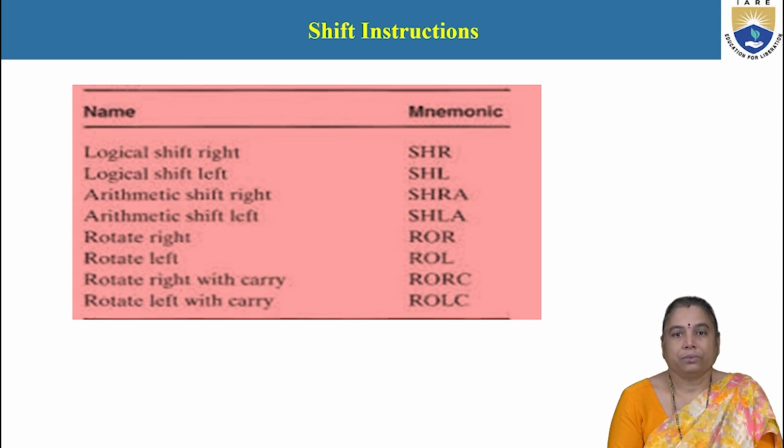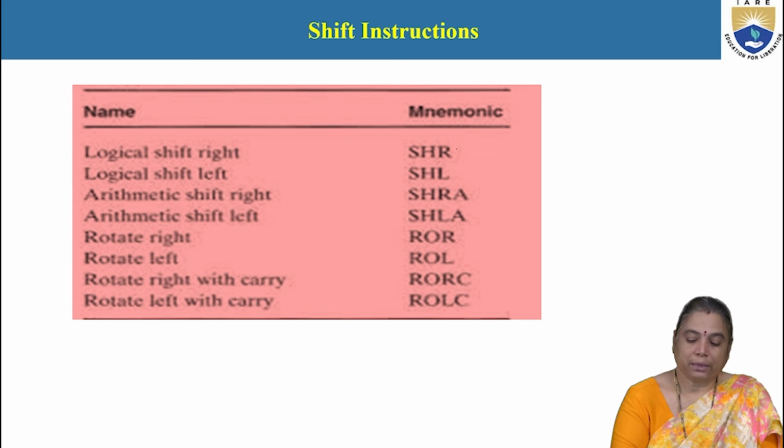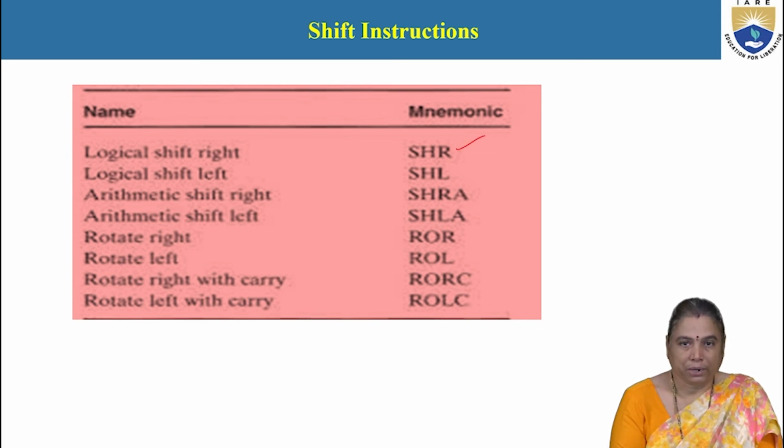What are the various instructions to support these shift operations? For the logical shift right operation, the mnemonic is SHR. For logical shift left, the mnemonic is SHL. Arithmetic shift right is SHRA. Arithmetic shift left is SHLA.